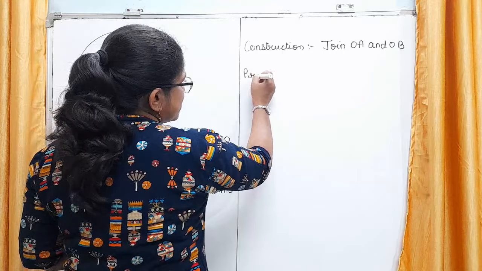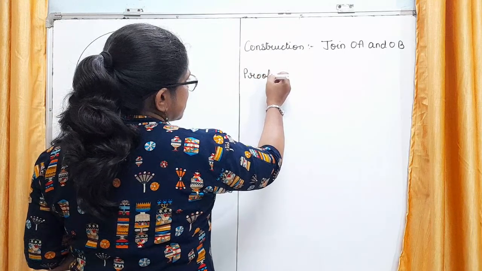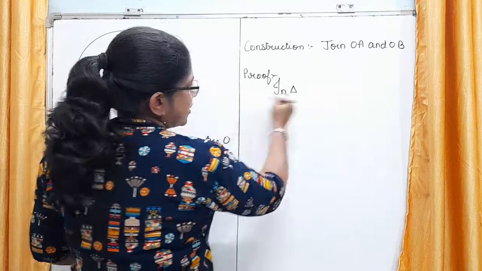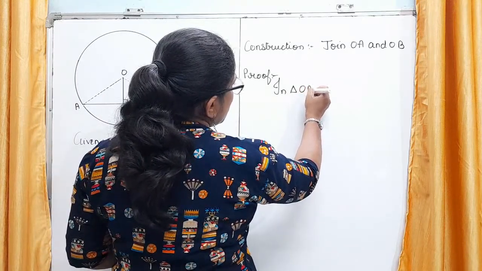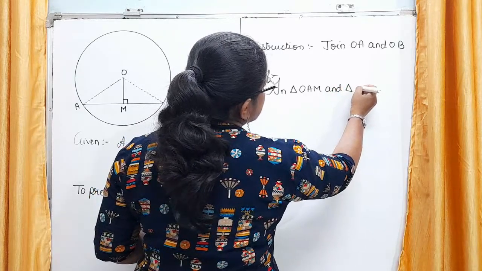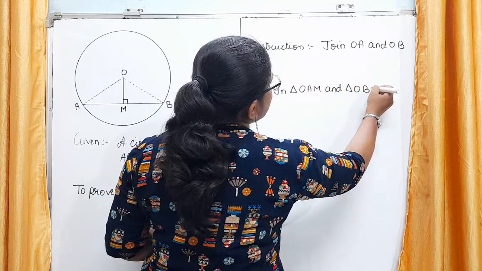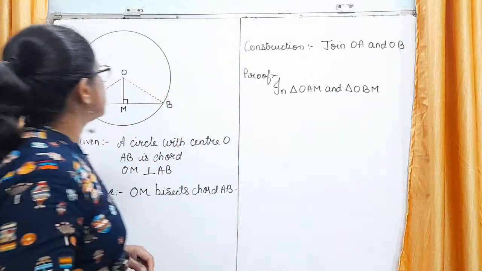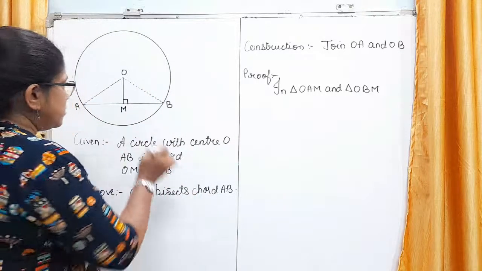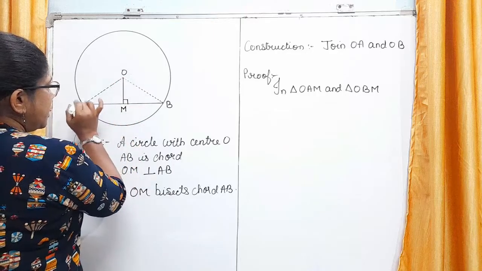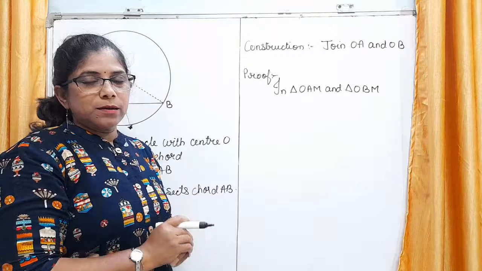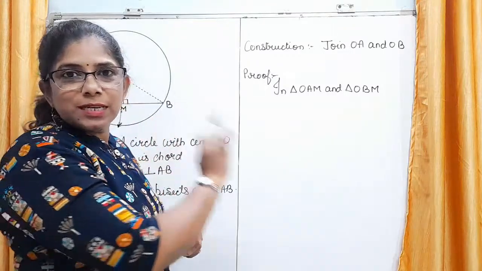Proof is quite simple. Proof: in triangle OAM and triangle OBM. First thing we know that OM is perpendicular, means angle OMA and angle OMB are right angles, means measure is 90 degrees.